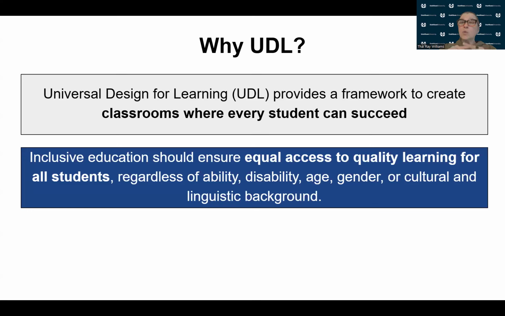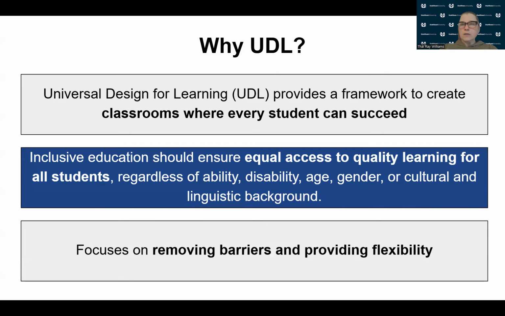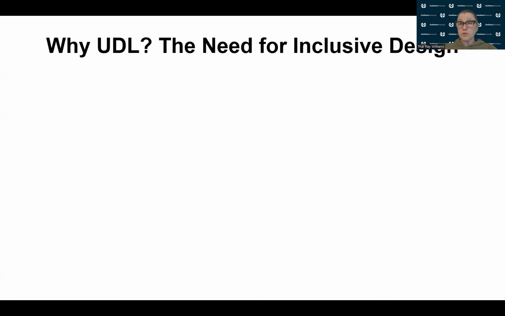This is a way that we can look at students from different cultural and linguistic backgrounds and make sure that we are meeting their needs. Not only that, it removes barriers to learning and access while also providing flexibility. You're going to see that more clearly as we move in and talk about those core principles.